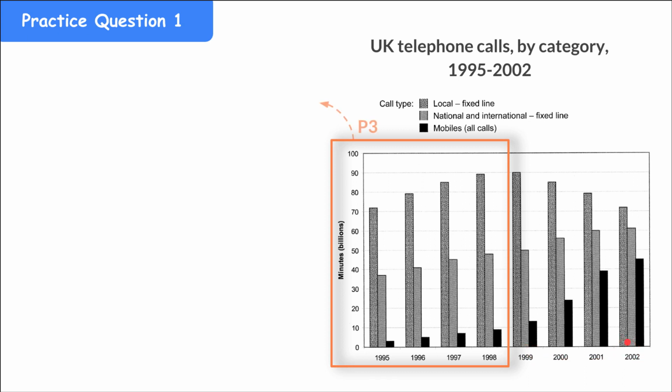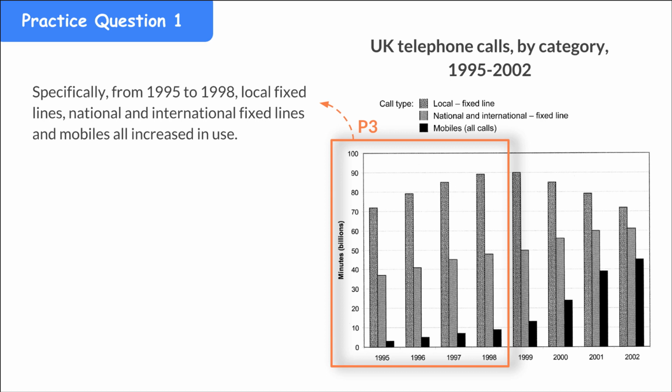So now let's go ahead and take a look at the first sentence of our third paragraph. Our first sentence reads, specifically, from 1995 to 1998, local fixed lines, national and international fixed lines, and mobiles all increased in use.